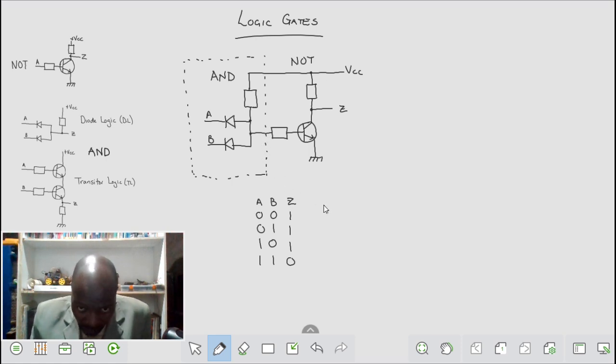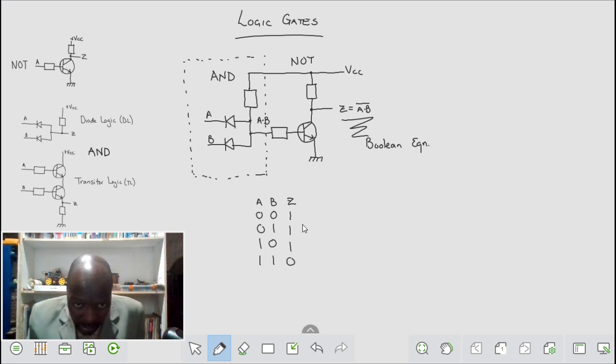That part there will have given us A and B. That part there says NOT, but what's the input now? The input is A and B. That is basically what this gate would do. So this here is now our Boolean equation for the NAND. Now this here is our truth table.